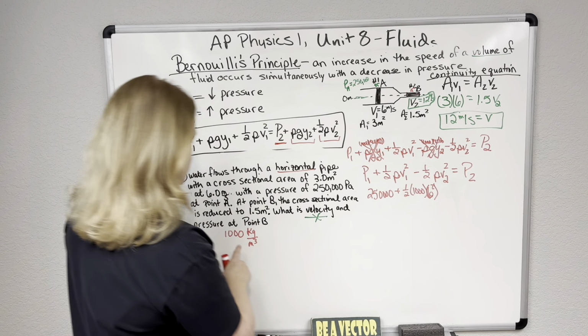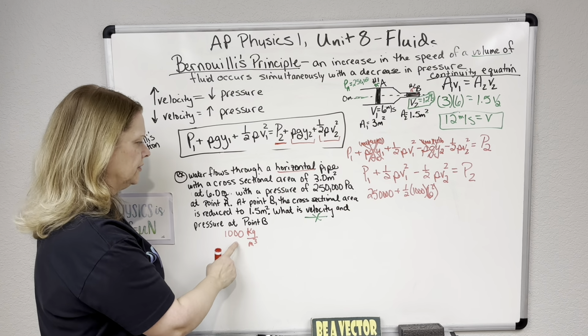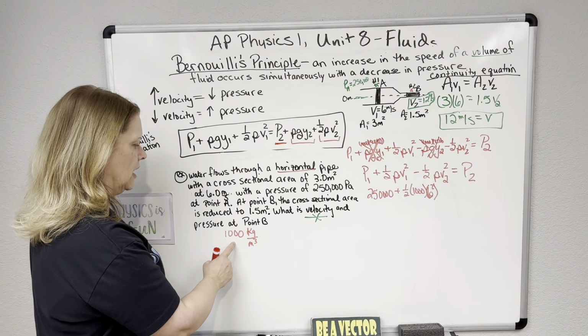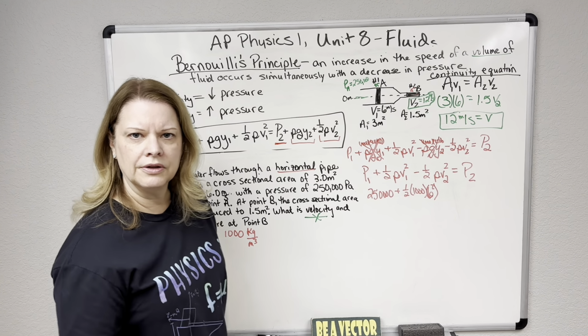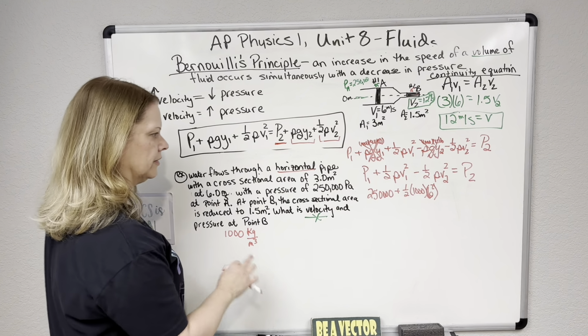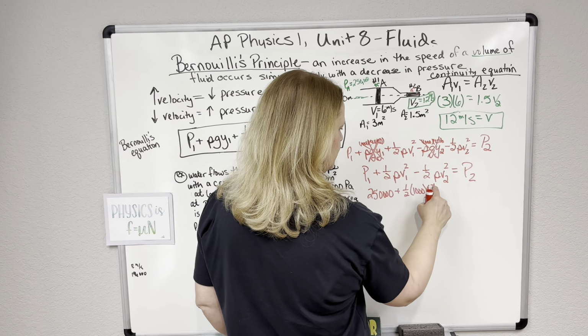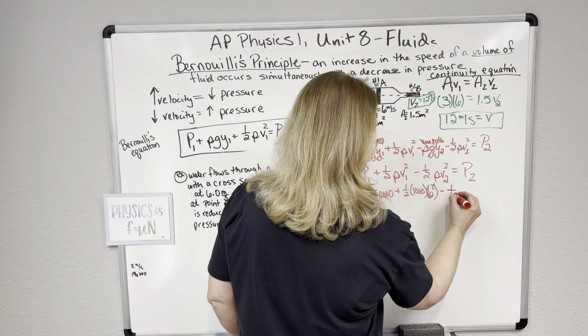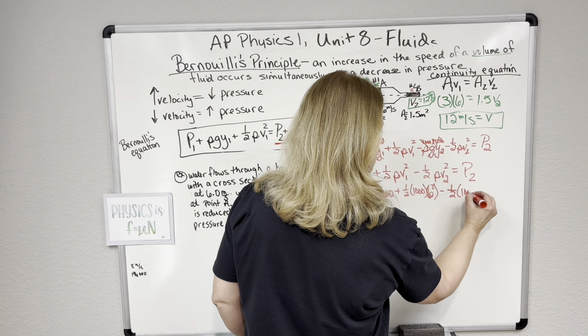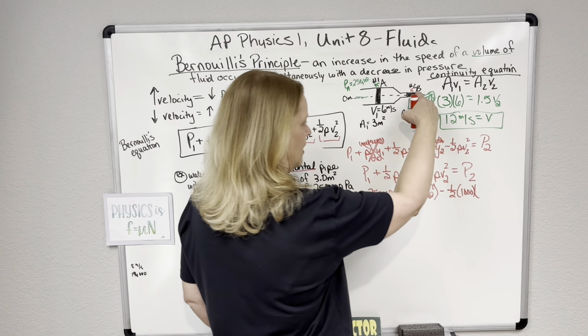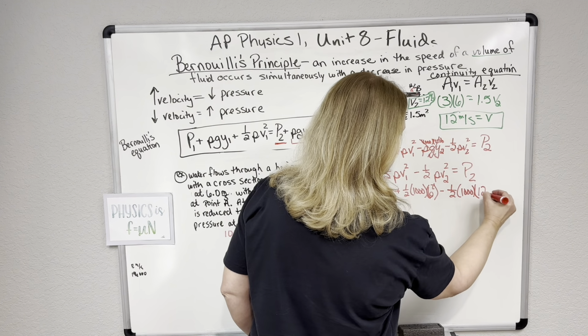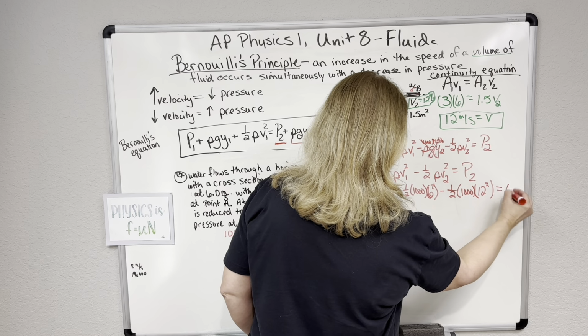They would have told you in the problem; they're not going to ask you to memorize that, is my understanding. They're going to give you the density of water. Then the velocity at point 1 was 6, and you square it, minus 1/2 times your density, 1,000, times the velocity at point 2, which we just solved for as 12. Don't forget to square it, equals P2.